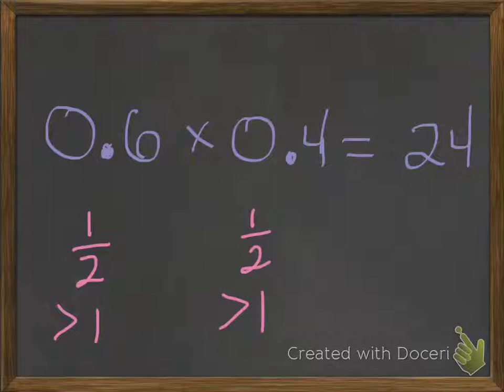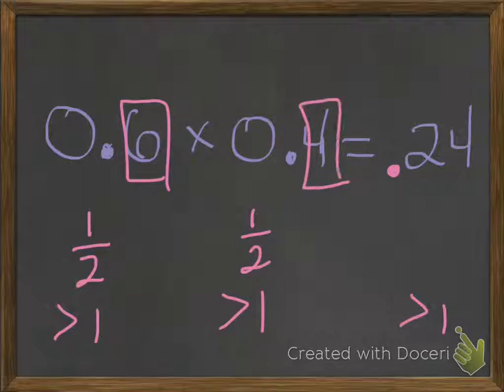So if I'm multiplying something less than 1 times something less than 1, my answer is probably going to be less than 1. 24 would be a whole lot more than 1. 2.4 is more than 1. So my decimal point probably needs to go right here: 0.24. As a quick check, I could also notice that the factors have 2 digits that come after the decimal point, and so my answer is going to have 2 digits after the decimal point.